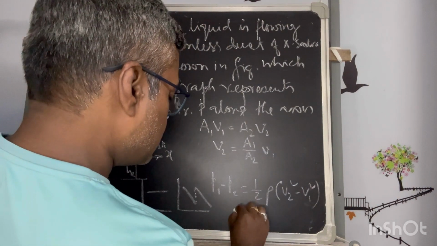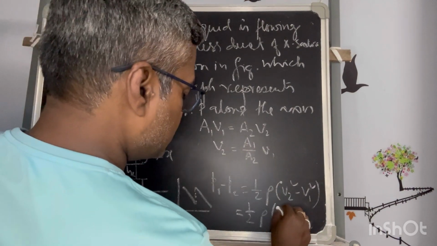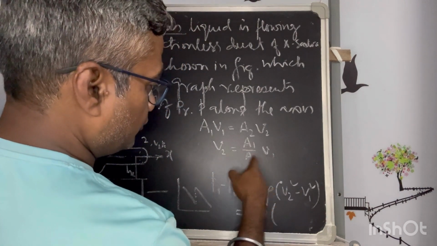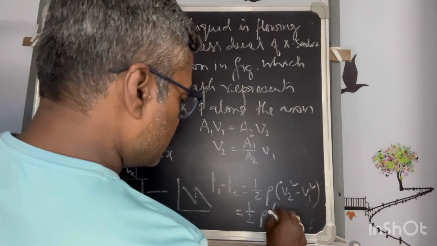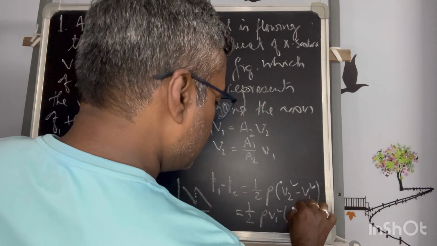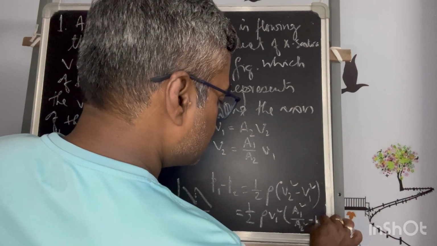I'm replacing it in half into rho into V2 square, so V1 square will come along, and I can take V1 square out, and this will remain as A1 square by A2 square minus 1.